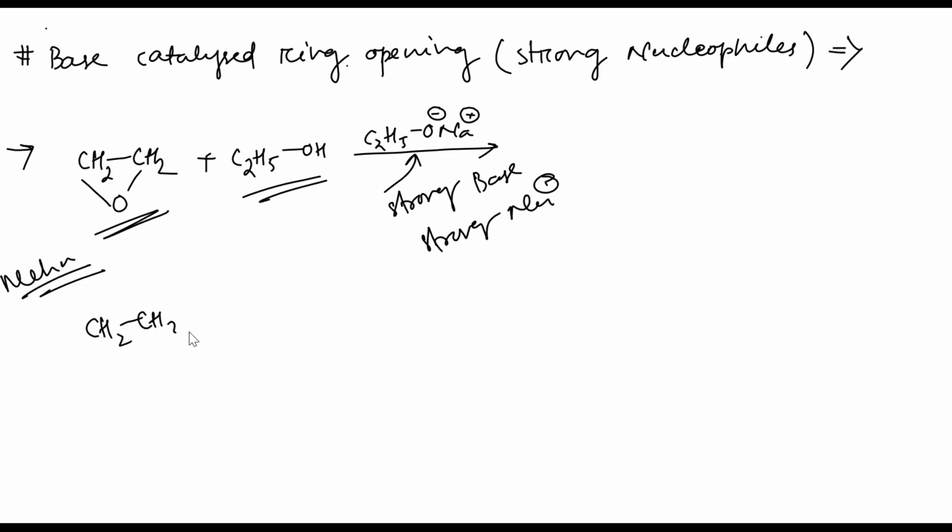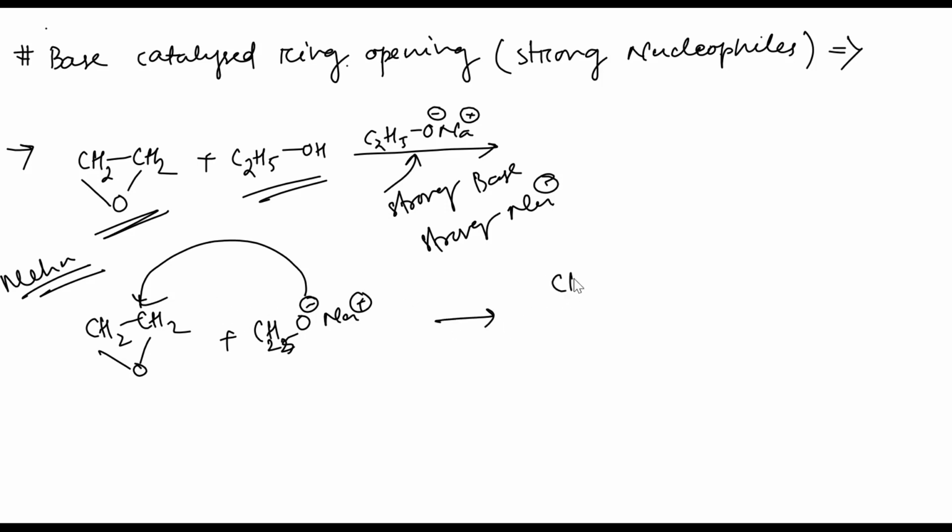This O minus acts as a nucleophile, and there will be attack on this carbon. There will be formation of CH2 single bond CH2 O minus, and attached to this will be OC2H5, and this O minus will form Na plus.